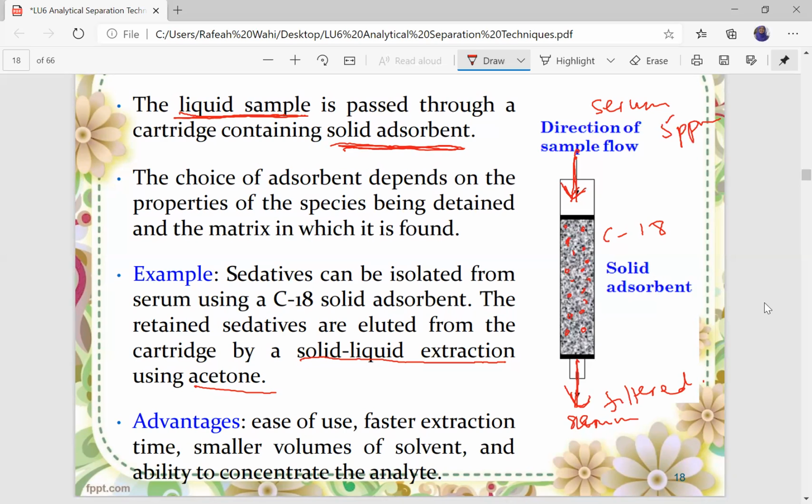So what you collect in here, let's say you are collecting sedatives, will be accumulated. It will be more and more and more. So this is how we say that this process can help to concentrate your analyte. Okay, just now your analyte is sedative. So if you keep on flowing for 1 hour, there is a higher concentration of sedatives that you can collect in the solid adsorbents.